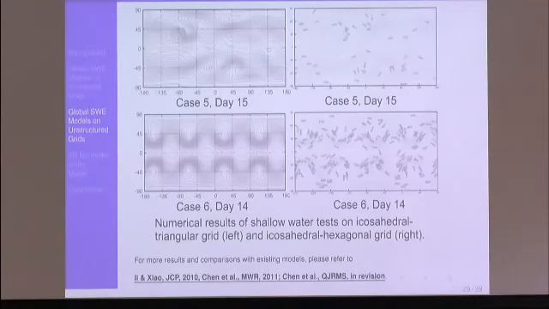These 2 panels are case 5 on different grids. This is for triangular and this is for hexagonal, and also case 6 on the triangular and on the hexagonal grid. So the numerical solutions agree with the spectral transform reference solution.